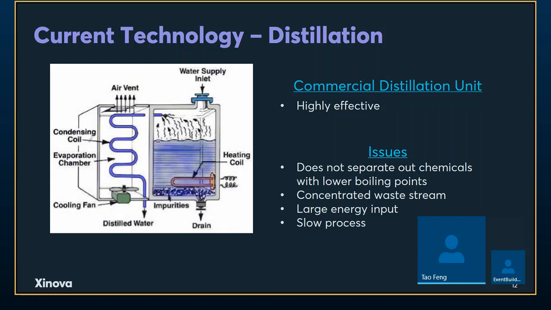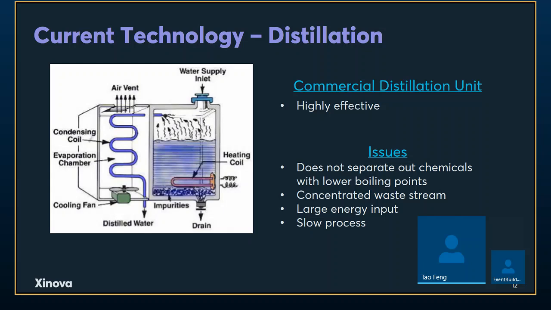And it is very slow due to the phase change of the bulk water. So it's not really good for point-of-use applications. In addition, distillation requires a significant amount of energy because of the large heat capacity of water, making it less efficient than other methods for point-of-use applications.